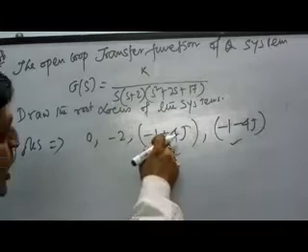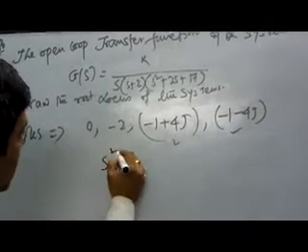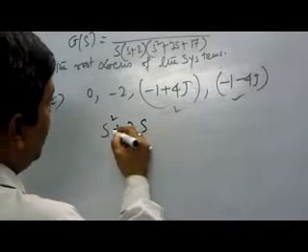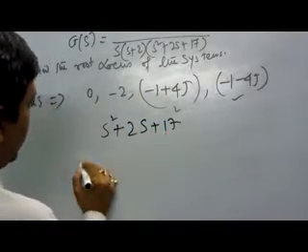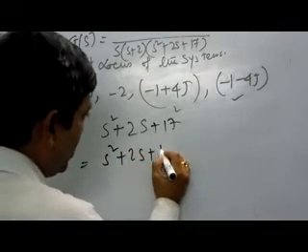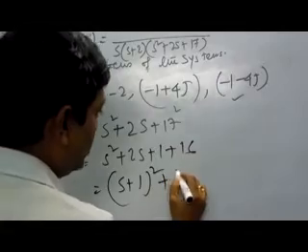So for these two complex poles, where do they come from? Now let us discuss these things. For this quadratic part, s square plus 2s plus 17, let us factorize the quadratic part. That is s square plus 2s plus 1 plus 16. Now (s plus 1) whole square plus 16.